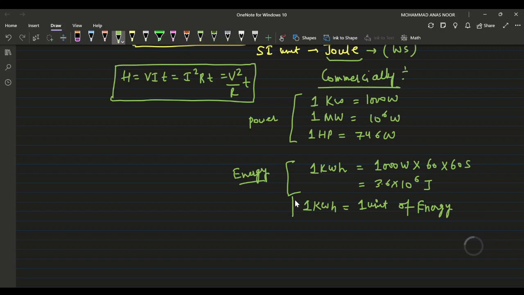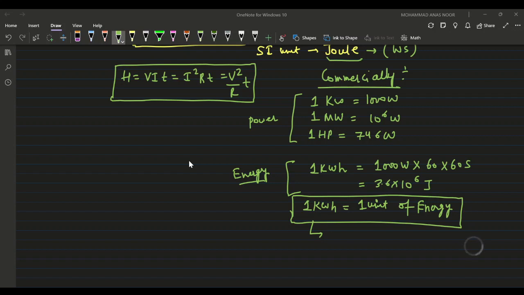So when you get electricity bills, they say that we consumed 200 units of energy, so that is 200 kilowatt hour in fact. The unit has been given a general name. The unit means the kilowatt hour only. So that is something about energy.